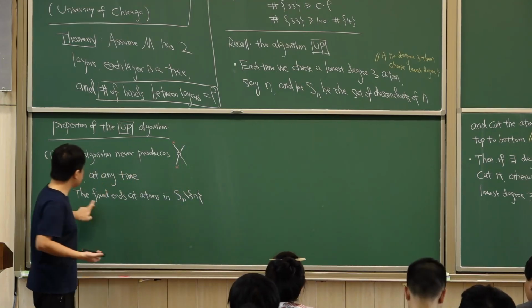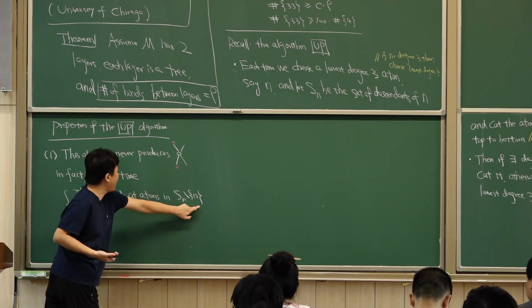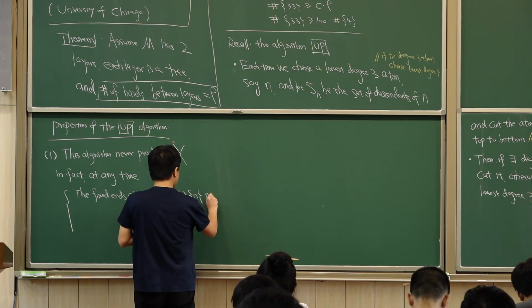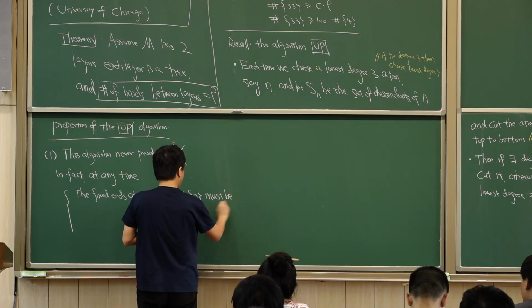And for each atom in the set Sn minus n, the fixed ends at this atom must be from above.